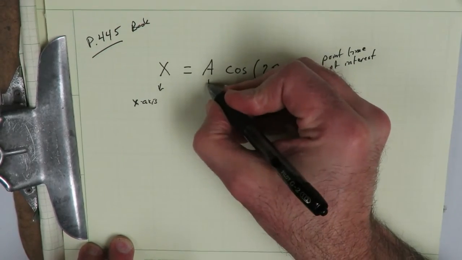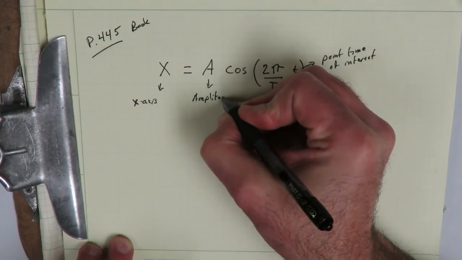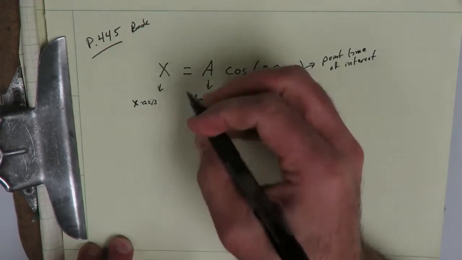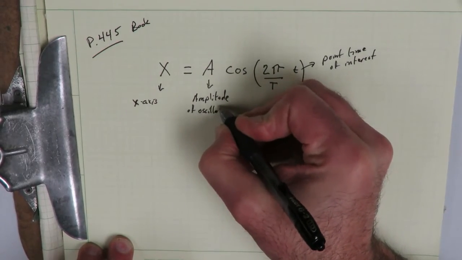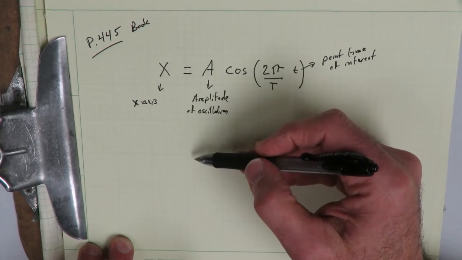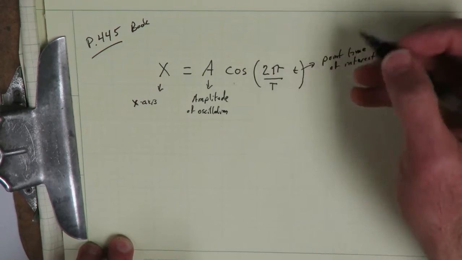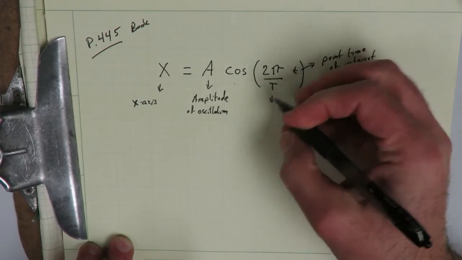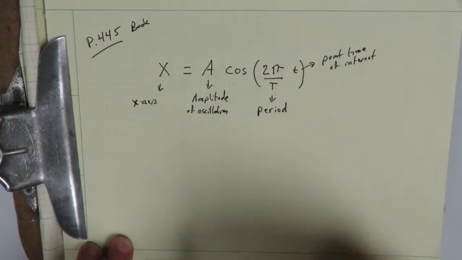Okay, so what is A? A is the amplitude of the oscillation, which means how high or how low the thing is displaced. Cosine is just cosine. 2 pi is just 2 pi. T is the period. We have seen this before.